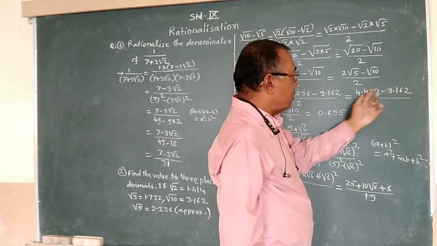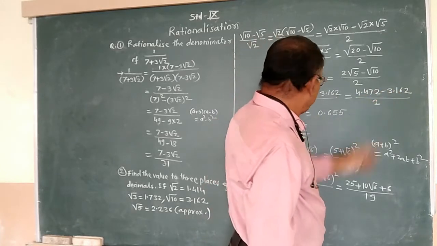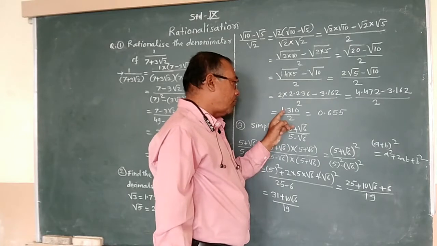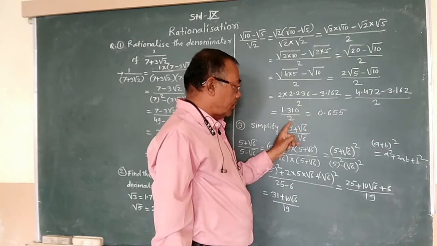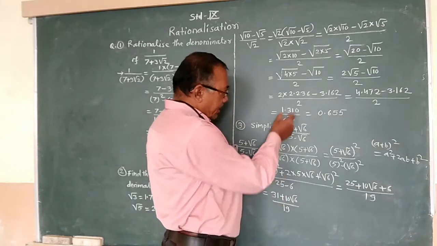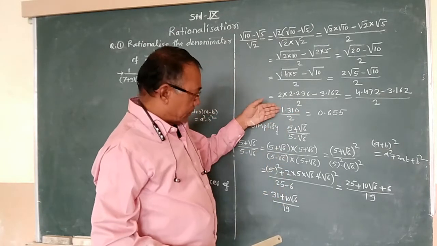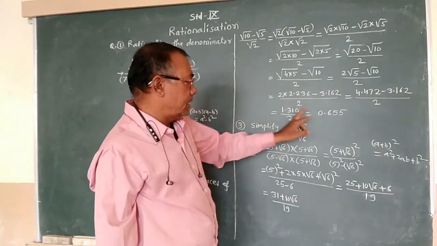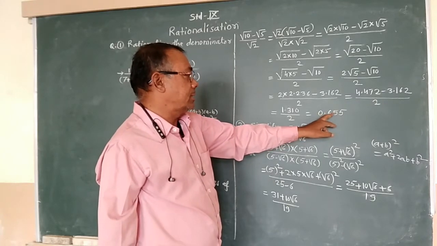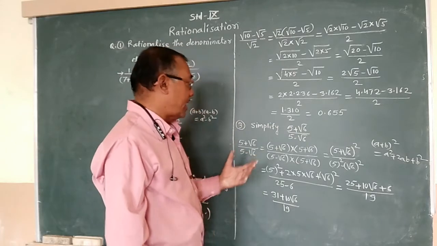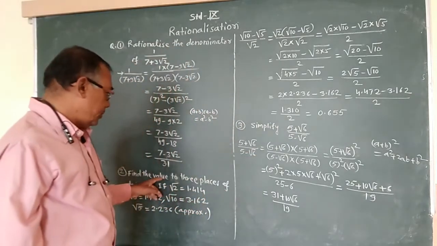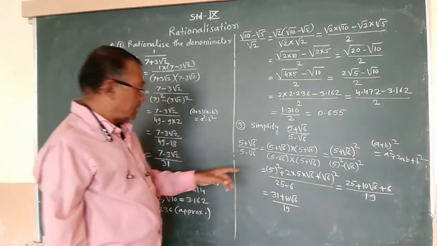And the subtraction of these two numbers gives us 1.310 divided by 2, the denominator as it is. If we reduce the given fraction, then we will get the value 0.655.